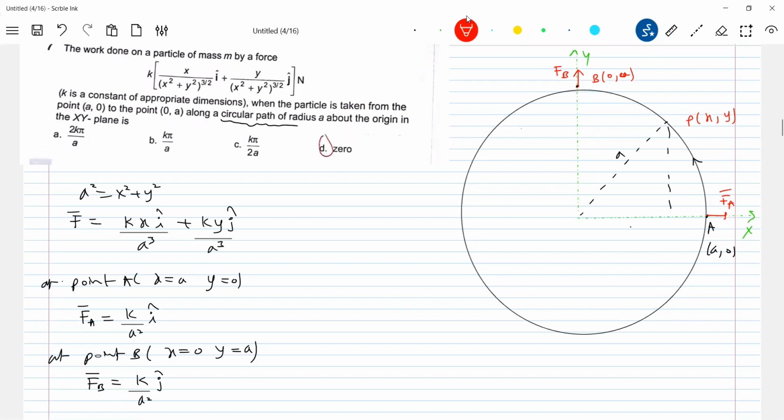When we move from A to B, how will the force be acting on the particle? Based on that, I can say something about the work done. At point P, anybody? Force? Along the radius outside, radially outward? Yes, it should be radially outward. You can check it.